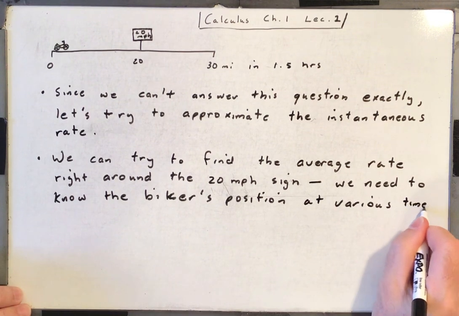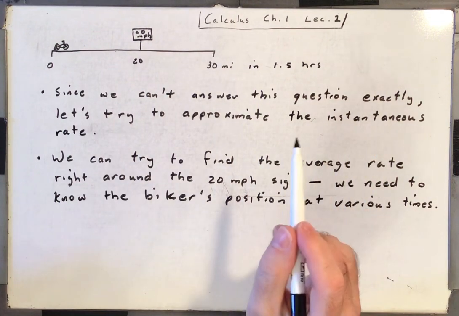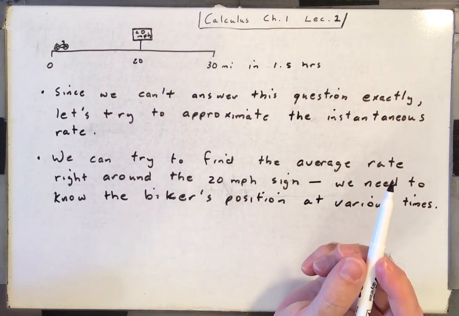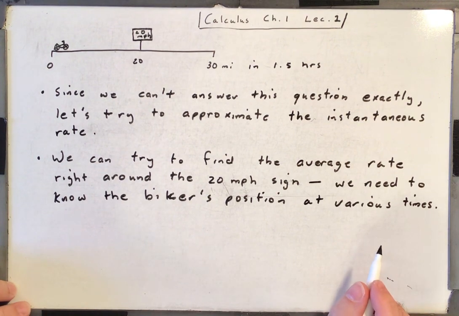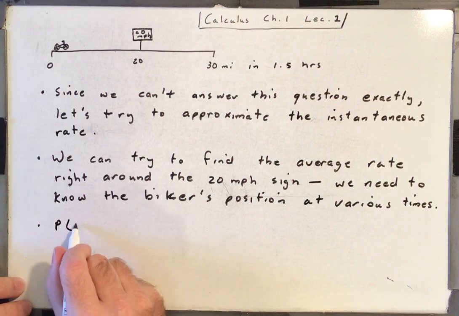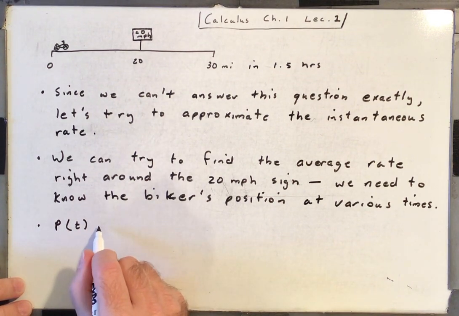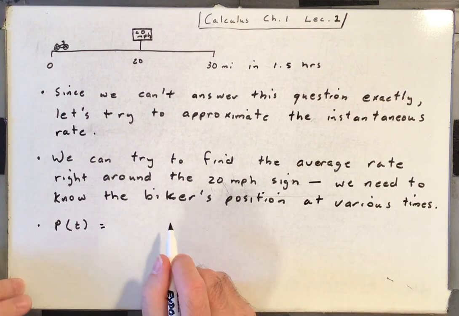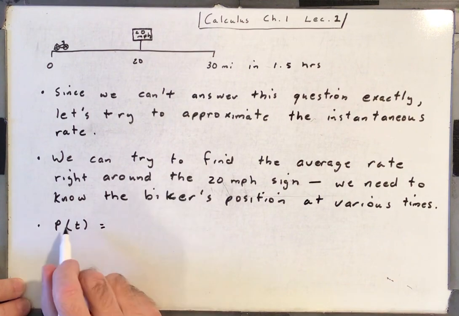So let's say this biker's journey was modeled by a satellite, okay? And they were able to collect all sorts of data and come up with a position function, meaning at any time we could figure out where the biker was on this journey by P of t.